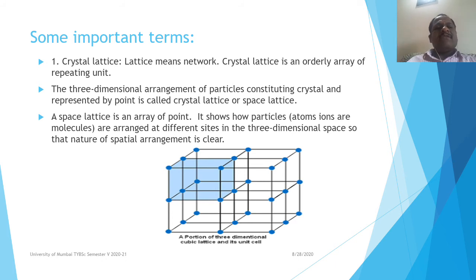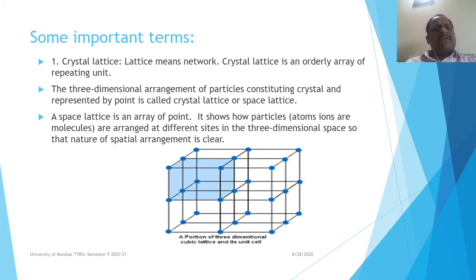So that arrangement is what? Orderly arrangement. Similarly, a crystal lattice is a giant structure. It is a very big structure which contains n number of unit cells. If these unit cells are arranged repeatedly, you will get the crystal lattice.